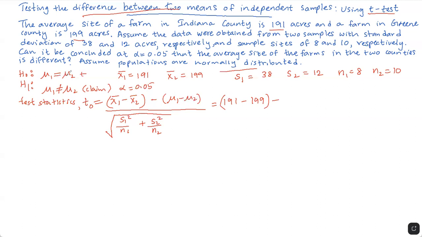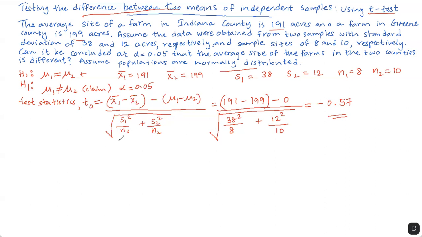As you can see, mu1 equals mu2, then mu1 minus mu2 equals 0. Divide by the square root of 38 squared over 8 plus 12 squared over 10. This value is negative 0.57. So this is the test statistic value.